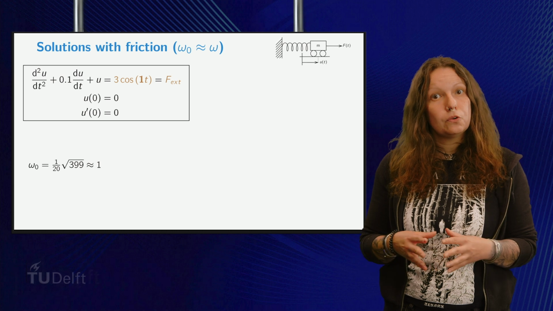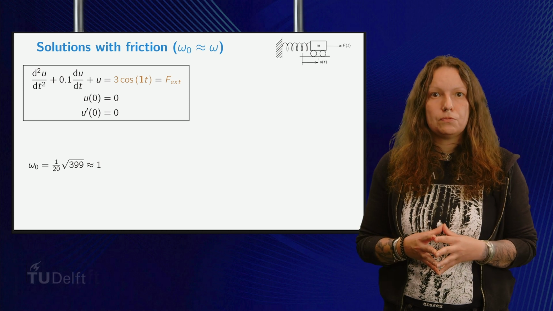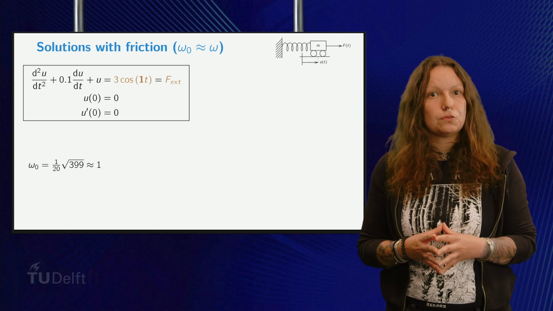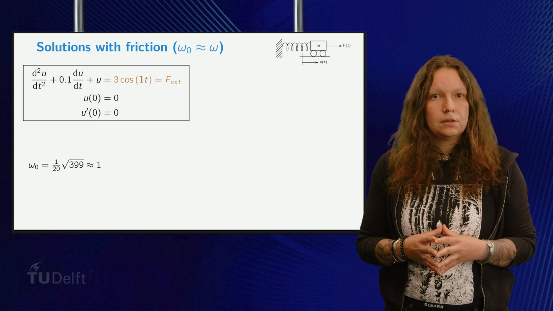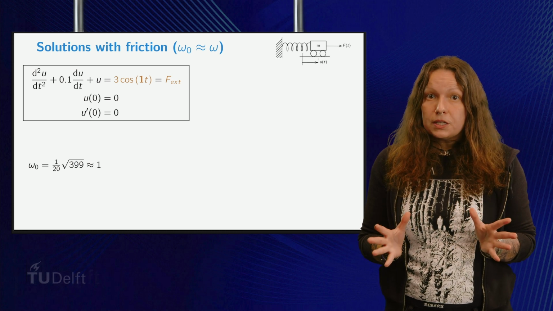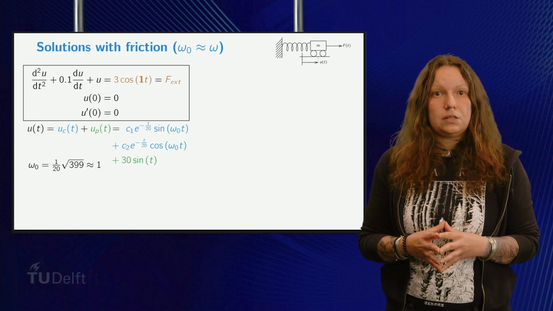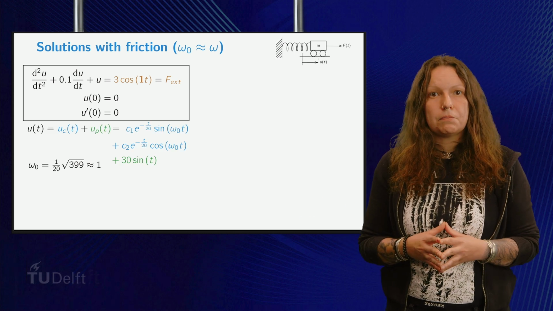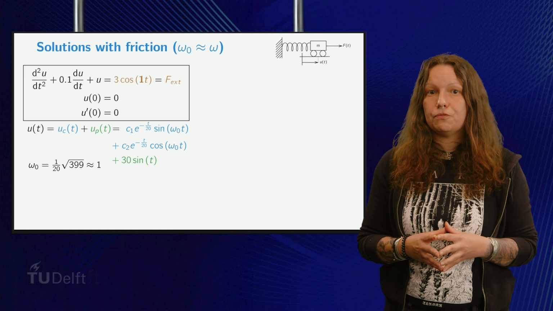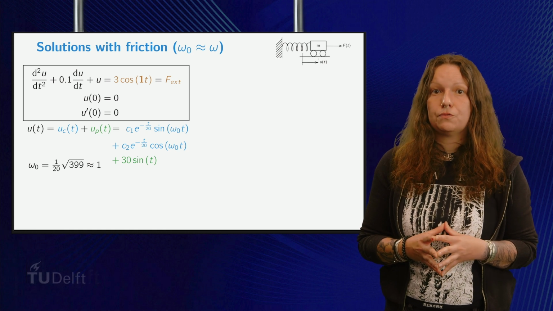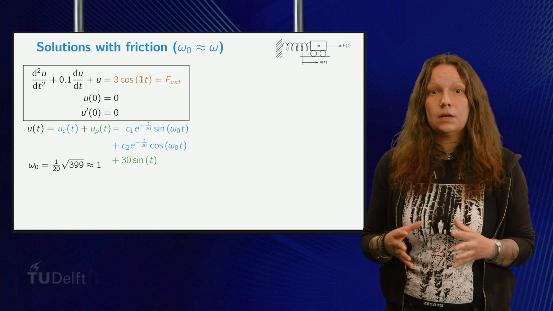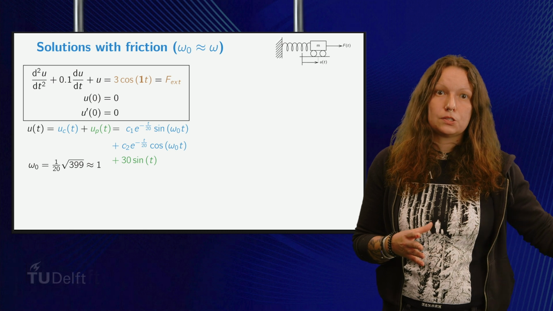At this point, you may pause this video and attempt to compute the solution to this initial value problem. If your computations are correct, you will find that the unique solution u of t to this initial value problem is a linear combination of two terms. The first term, uc of t, is a transient term, a decaying oscillatory exponential.